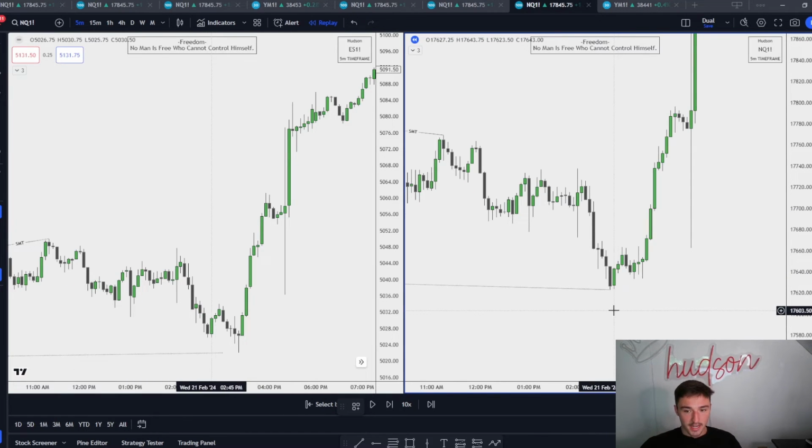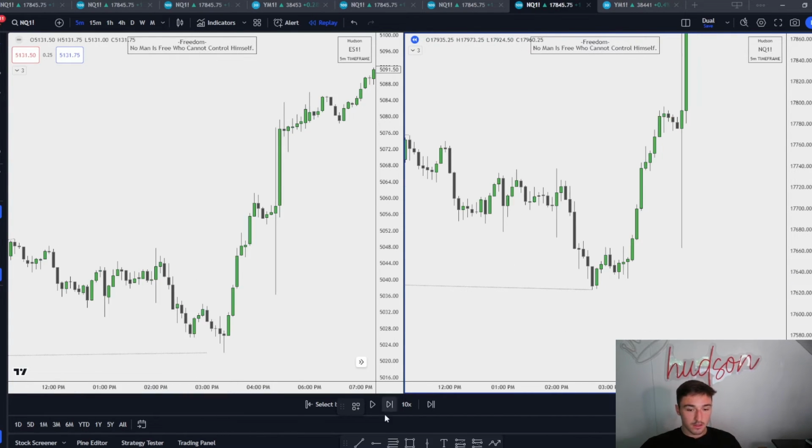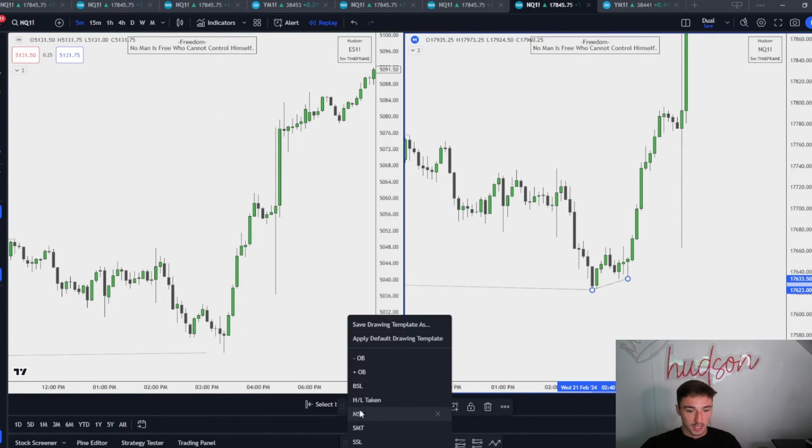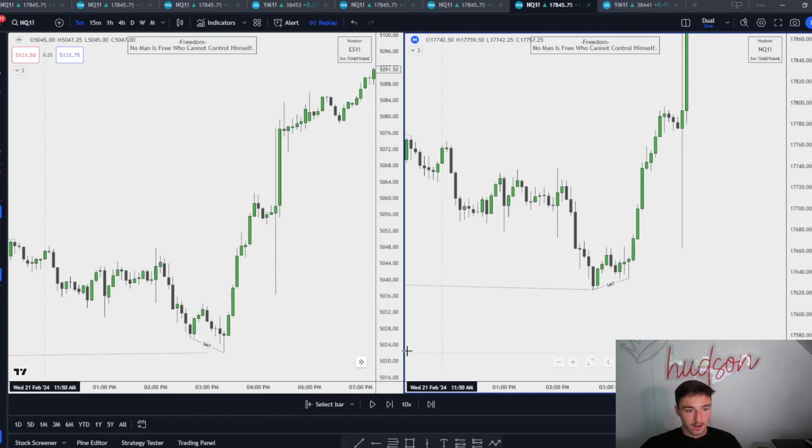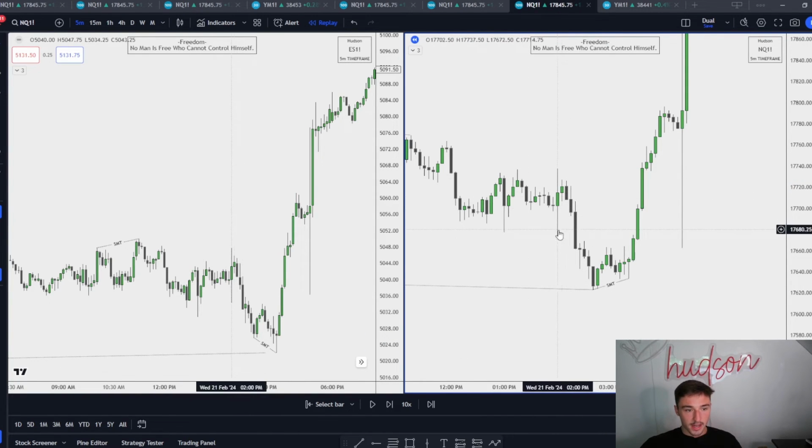What happens right here? What do you see? We finally have a cracking correlation between ES and NQ, with ES actually taking out new lows now. Right here.